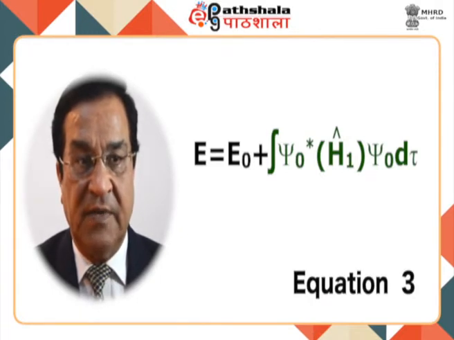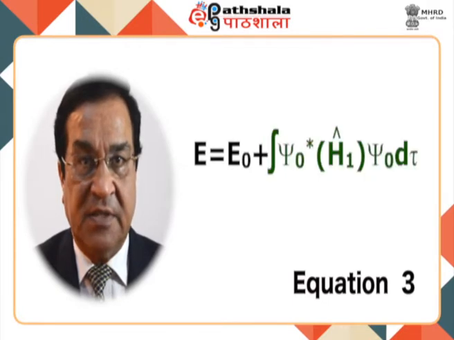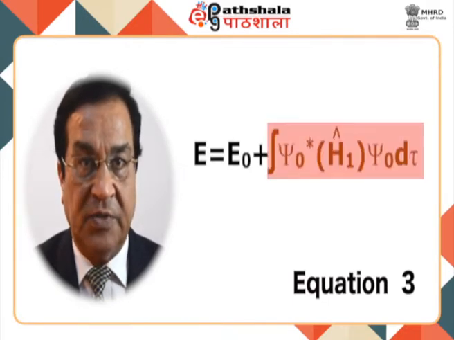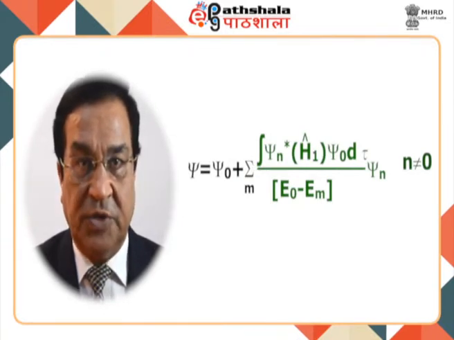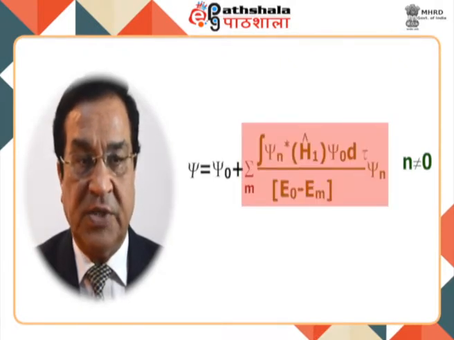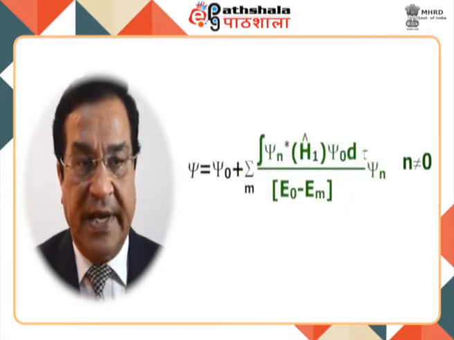Here you can see the second term on the right hand side represents the first order correction to the energy. Similarly, the corresponding wave function psi will be given by psi equals psi 0 plus a correction, which is given by the second term on the right hand side in equation 4.